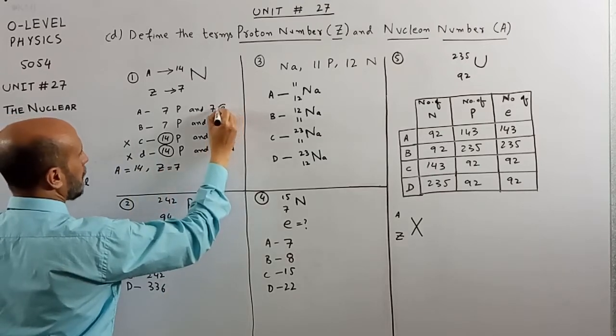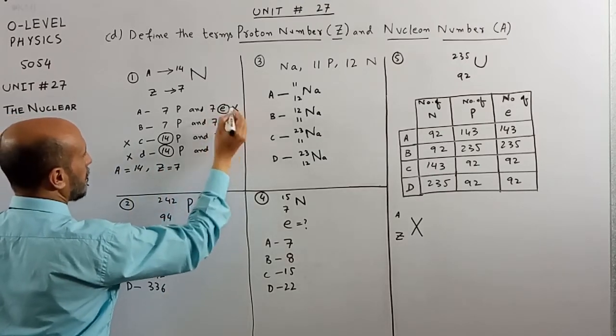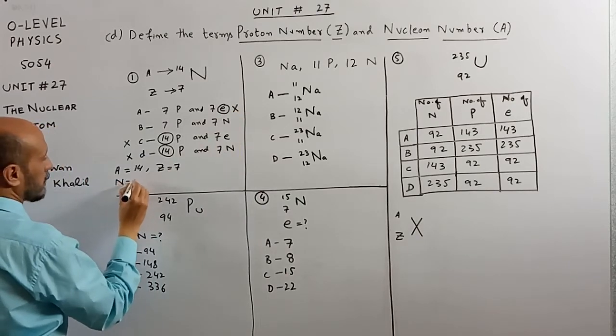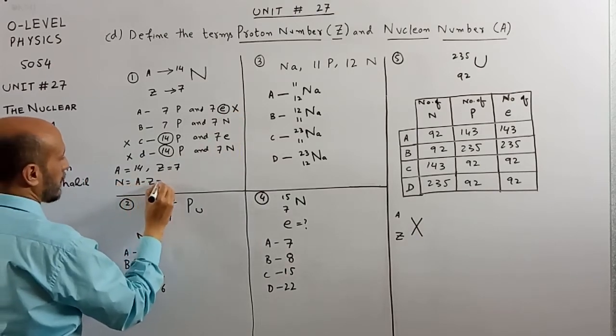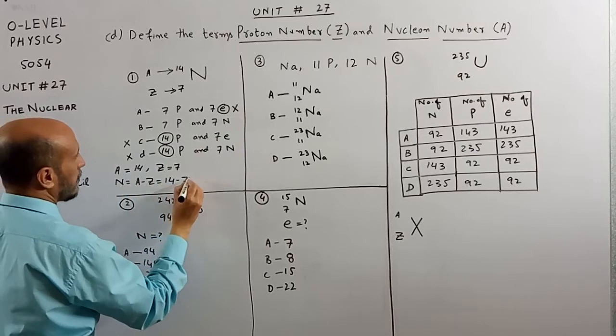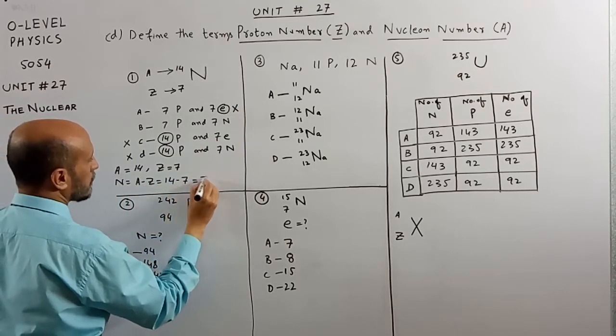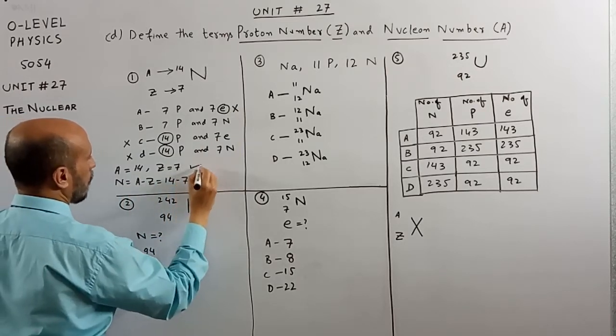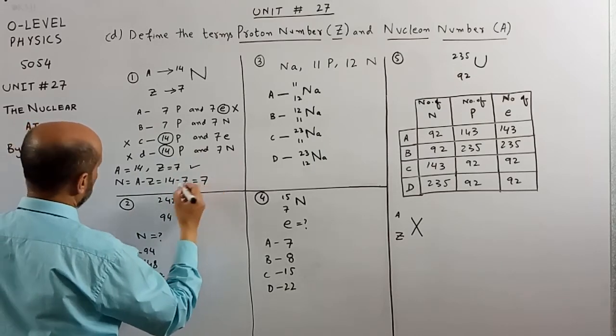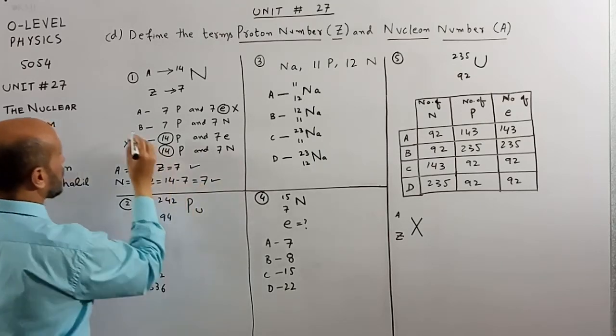This option is also omitted because electrons are there. N is equal to A minus Z: 14 minus 7 is equal to 7. So the value of Z is 7 and the number of neutrons is 7.